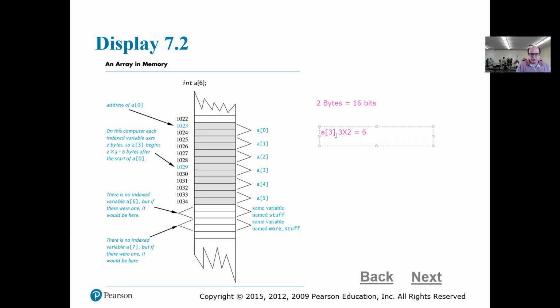We take the 6 and add it to 1023, which is the starting point of our array. That's going to give me 1029. Again, because this is a high-level language, we don't have to worry about it. These things happen behind the scenes. I don't have to worry about it, but that's what happens in the memory.